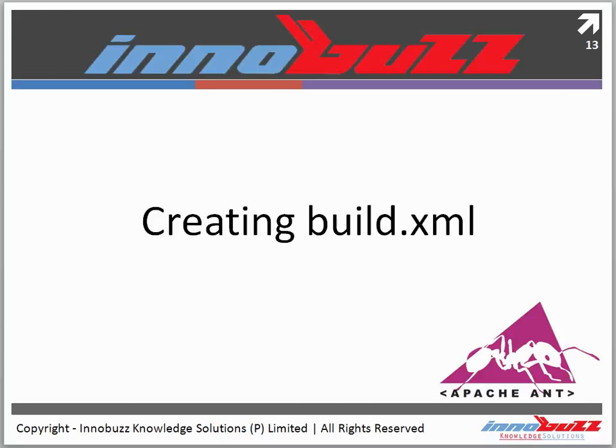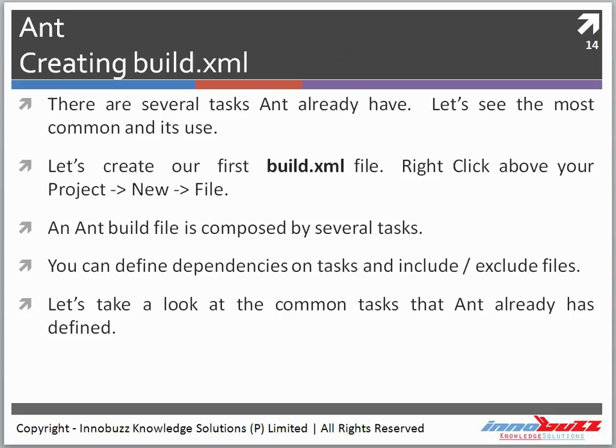Creating a build.xml file. This is the file in which we are going to define all the tasks that we want to have available for our project, and Ant has already defined tasks which help you to add the details of each task. This file contains a collection of targets.